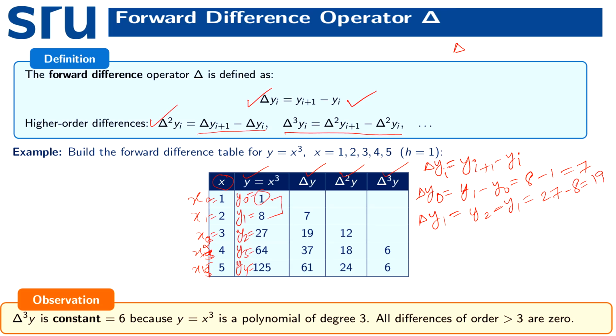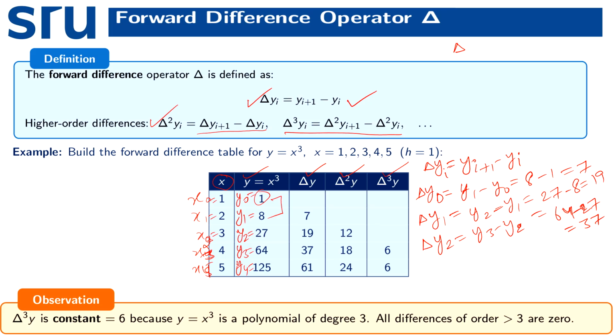Next value will be your delta y2, that will be y3 minus y2, that is equal to 64 minus 27, which is actually equal to 37.